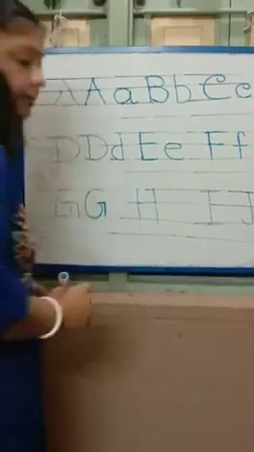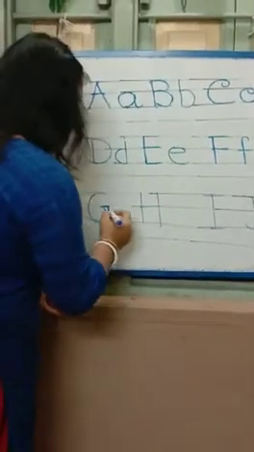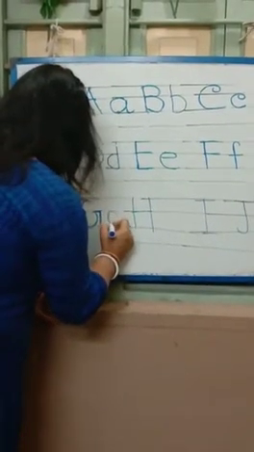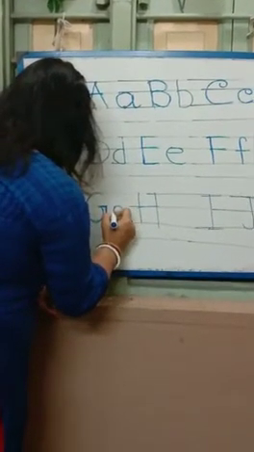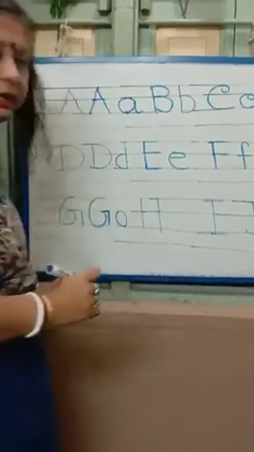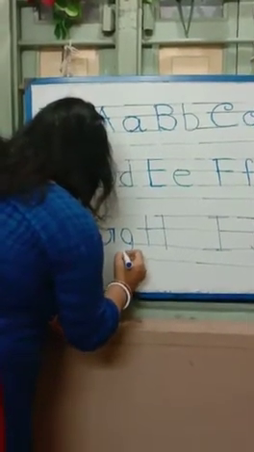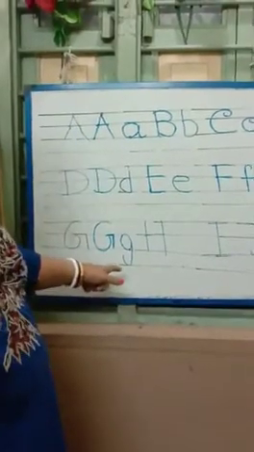This is called G. Followed? Next comes small g. We are giving a circle and then moving from the top to the bottom. So this is small g.